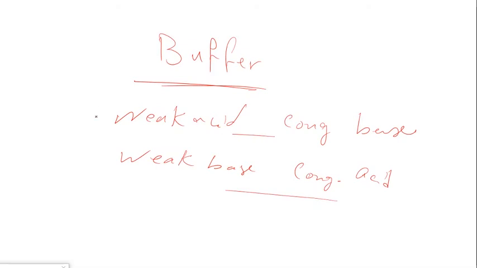The buffer has the ability to maintain a relatively constant pH even when you add acid or base. So it stabilizes the pH or keeps the pH at a certain value.